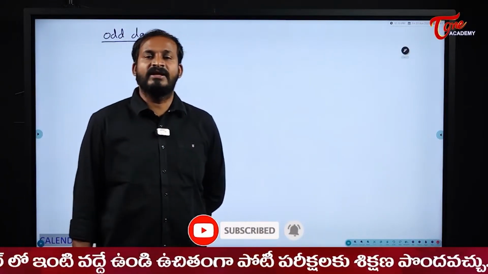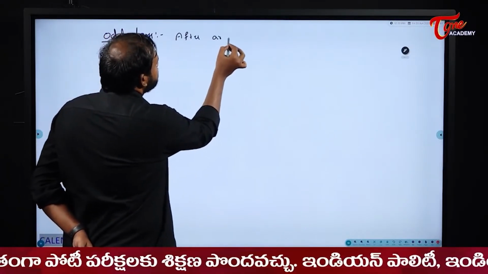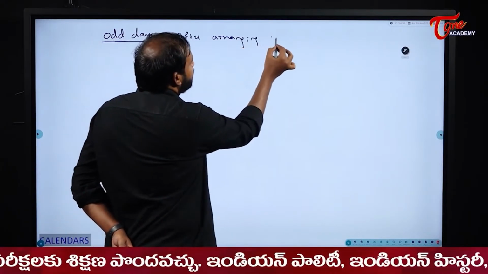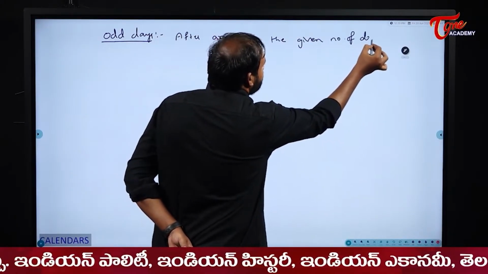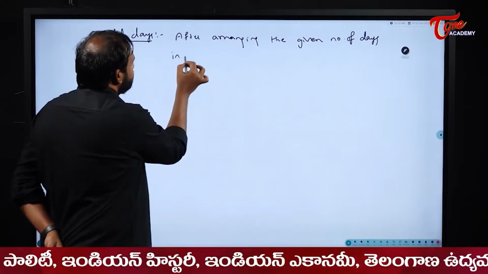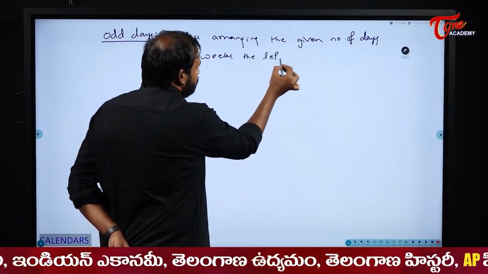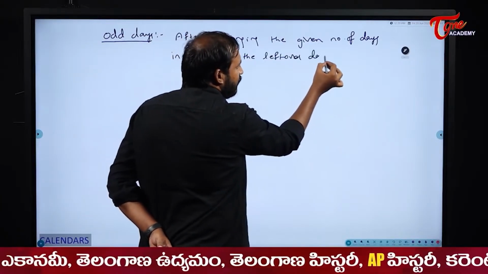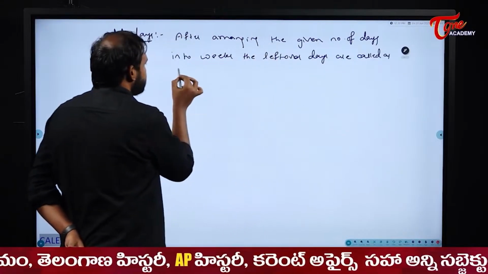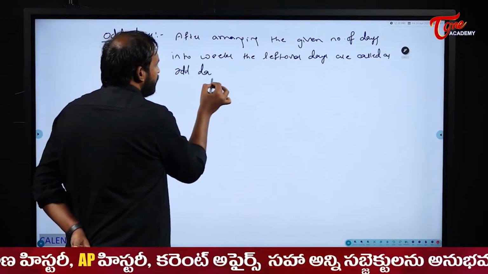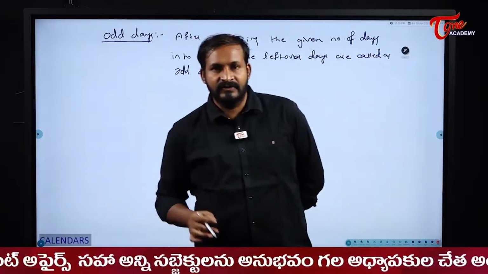Odd days are nothing but, after arranging the given number of days into weeks, the leftover days are called odd days. That means after arranging the number of days into weeks, the remaining days we will call odd days.